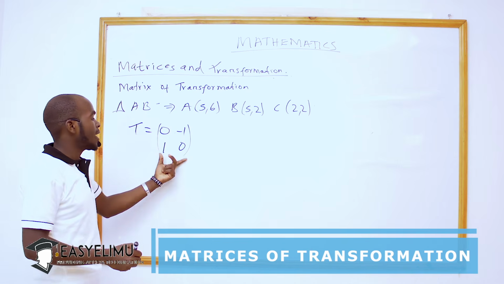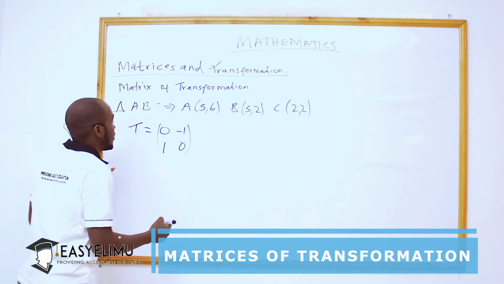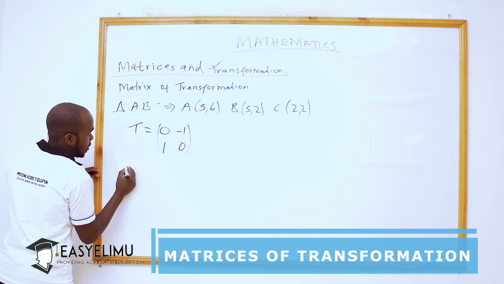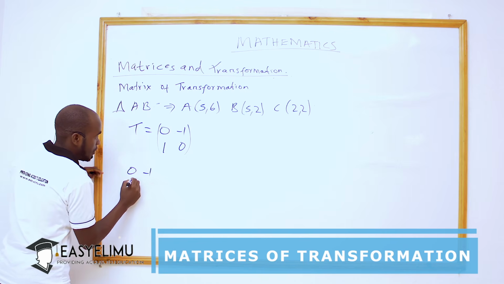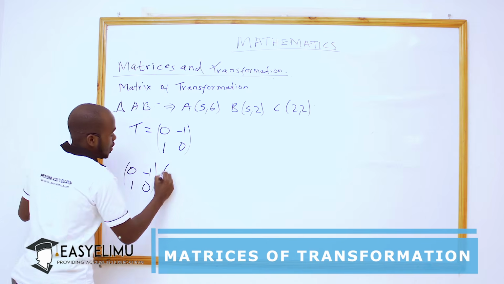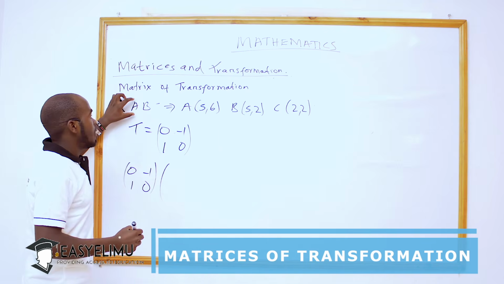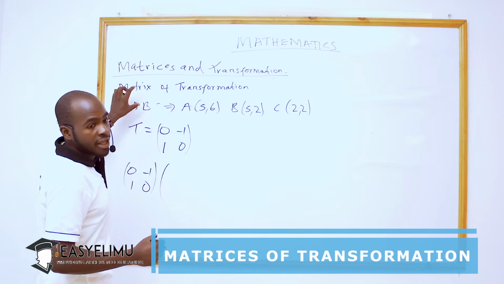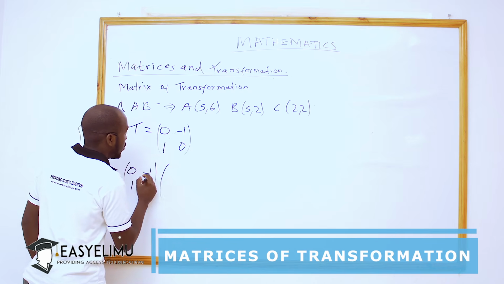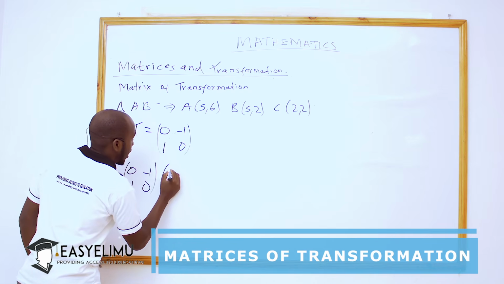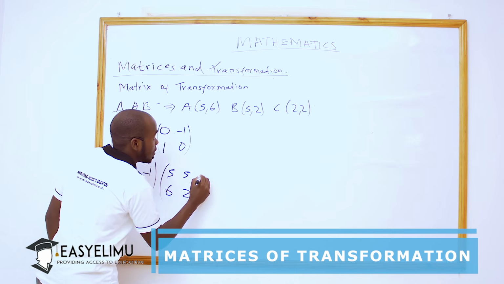Let's see what kind of transformation this matrix is representing. So 0, -1, 1, 0. You pre-multiply it with the given triangle or any given figure, you will get a certain image and it will tell you the type and the kind of matrix of transformation you are using.